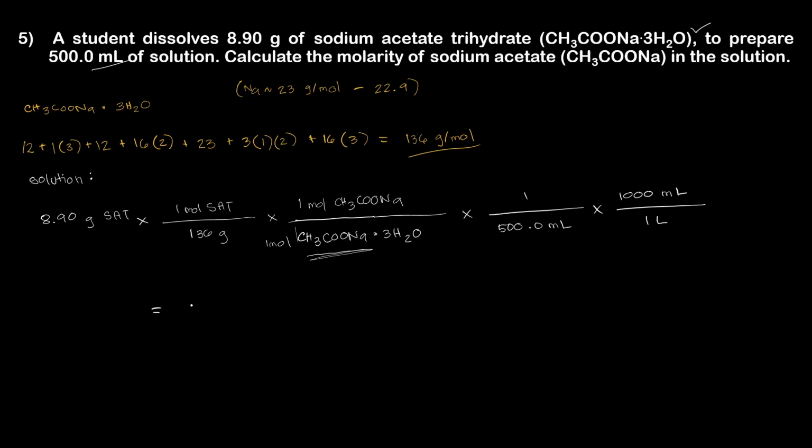Solving, we are left with moles of sodium acetate over liter. Now you can find the molarity of sodium acetate. Solving, that would be 0.131 molarity. So that is the molarity, or molar concentration, of sodium acetate in the solution.